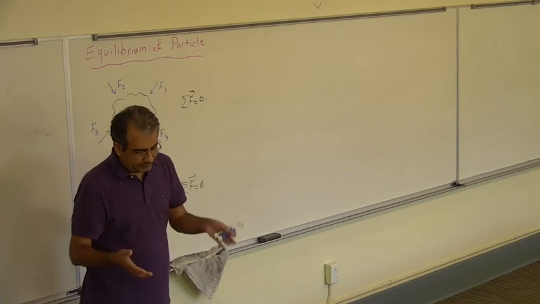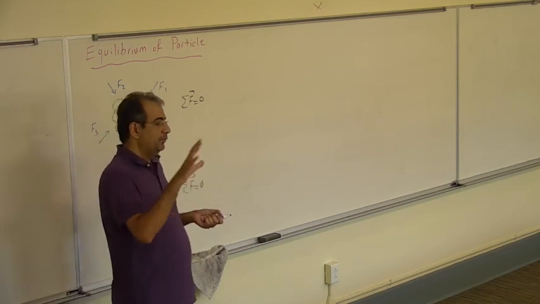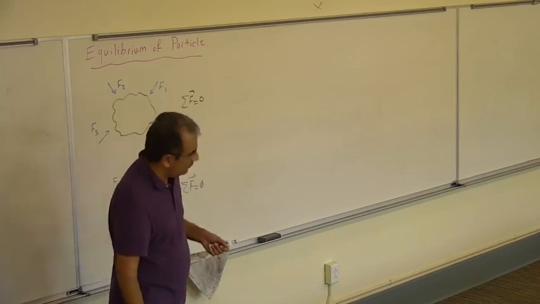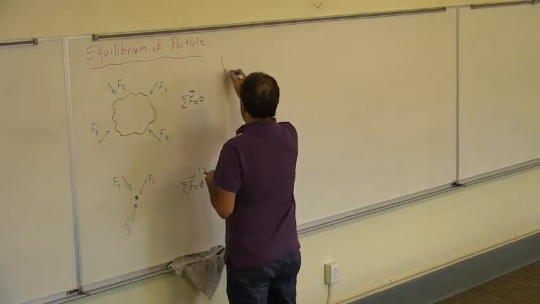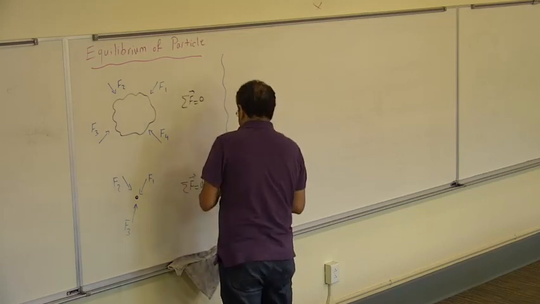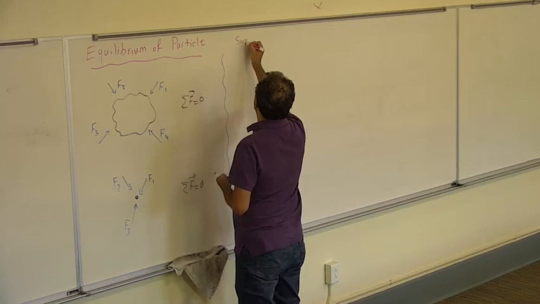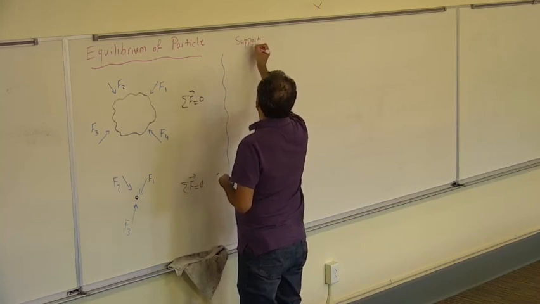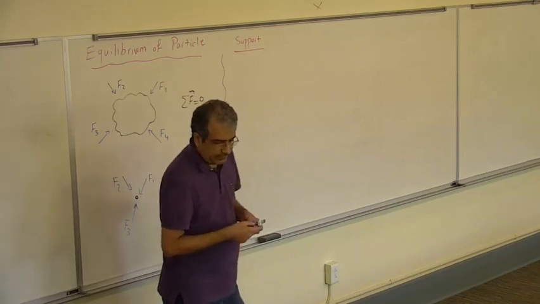A couple of things before we get to that. One of them is that I want to talk about the free body diagram, but before that I want to talk about the support. So what's the support?